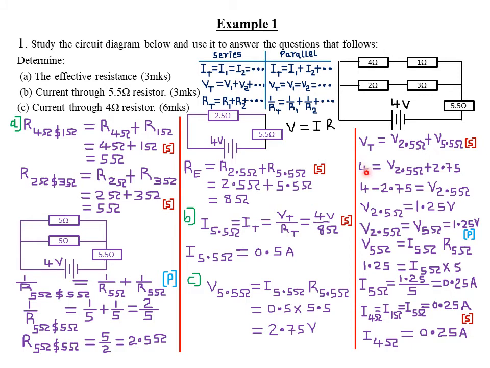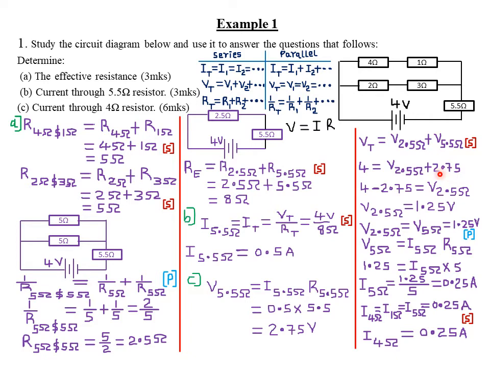And we have the V total. We are given the total voltage, which from this diagram is 4 volts. It must be equal to the voltage through 2.5 plus the voltage through 5.5. The voltage through 2.5 we don't have, but the voltage through 5.5 we have already found as 2.75 volts. So 4 volts is equal to the voltage through 2.5 plus 2.75 volts.